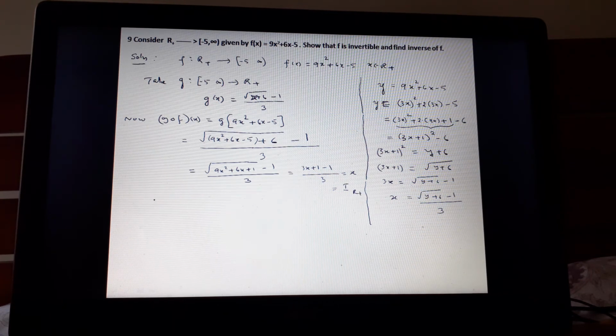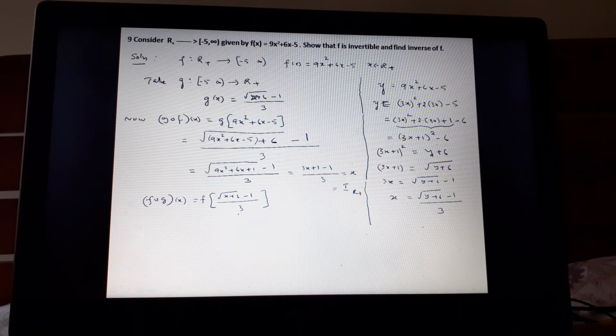Same way I have to show now f of g of x. This is f of g of x, this one: square root of x plus 6 minus 1 divided by 3. Then wherever x we have this one, therefore what I have to do is, see, this simplification is very lengthy, so I have 9 into square of this one.